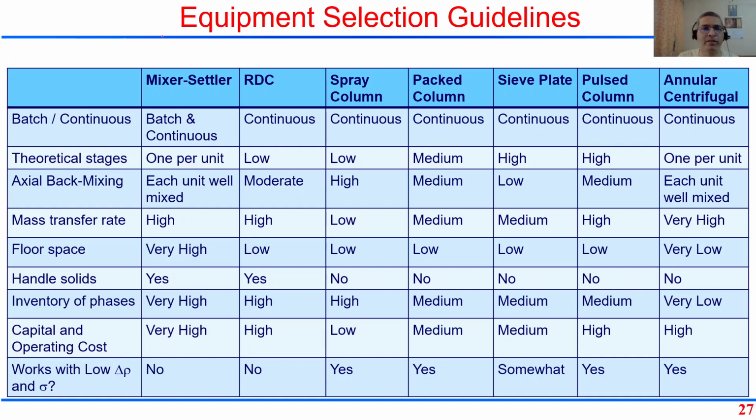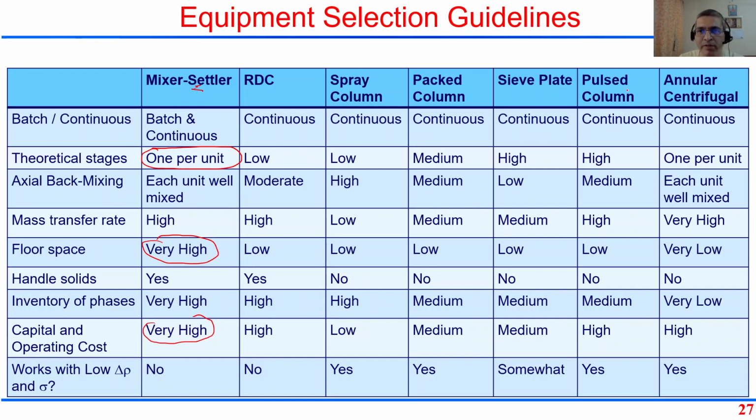For example, let's say mixer settler: you will have only one theoretical stage per pair of mixer and settler. So obviously if you need multiple stages and counter current, you will need many mixer settlers in series. That's of course going to cost a lot, as well as occupy a lot of floor space.